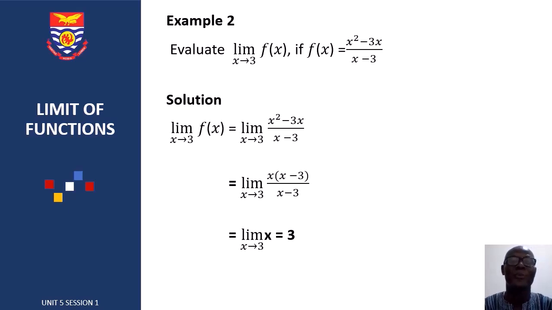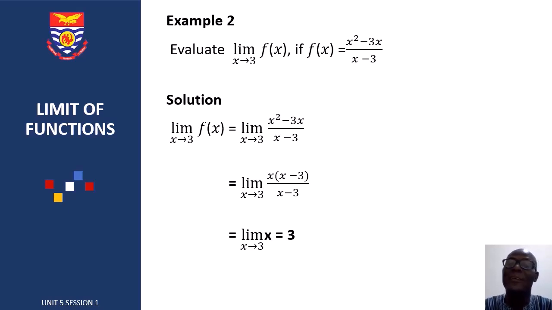Example 2. We want to find the limit as x is approaching 3 of the function f of x algebraically, if f of x is equal to x squared minus 3x all over x minus 3. Now, when x is equal to 3 is substituted into the given function, the denominator gives 0. And since the denominator gives 0, it implies we need to simplify before the substitution.